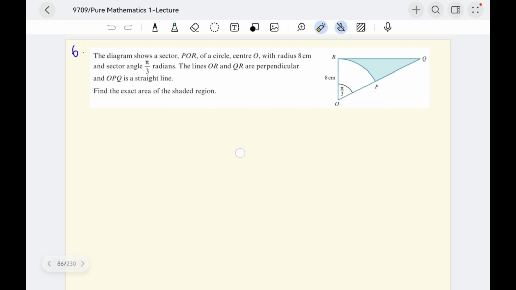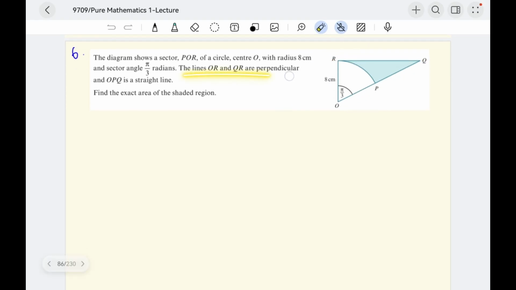It's also from the Coursebook. Alright, refer to the diagram. It shows a sector POR with a radius of 8 and a sector angle of pi over 3 radians, with the center O. The lines QOR and QR are perpendicular.